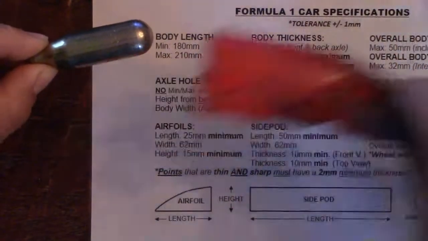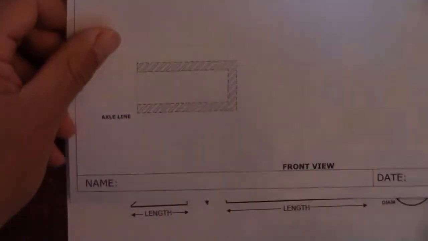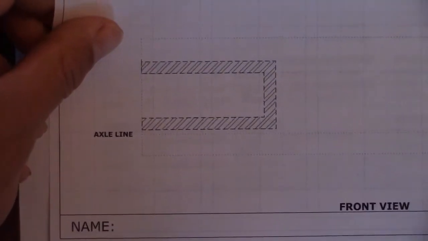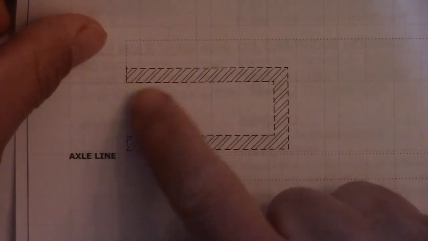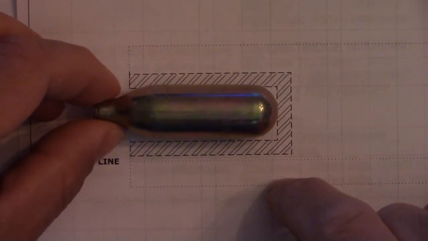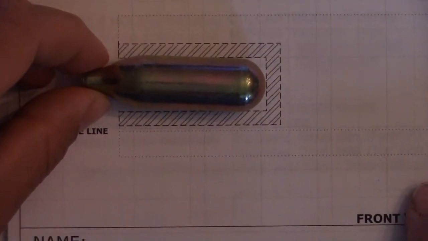So here's something I want you to be thinking of. It'll also be in my video. On my technical drawing, which I'm sure many of you will be printing, this area here is where the cartridge is going to go inside your car, and this is called the safety zone thickness. We're going to be talking about that next.